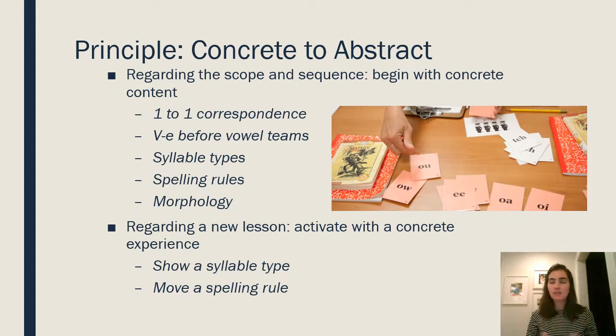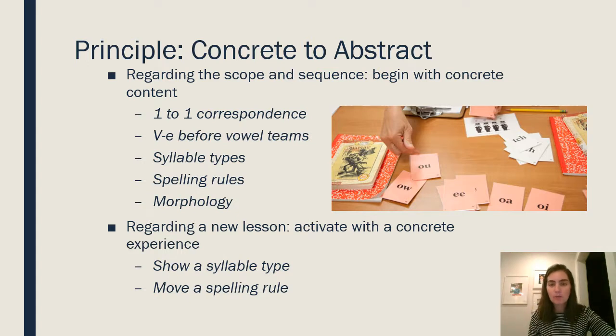You see a letter, it makes a sound, boom. Then we get into things a little more abstract, like this idea of vowel teams. You know, we have a couple letters that make a sound, or that silent E at the end of words. Then we get even more abstract. We talk about syllable types and the big patterns that we find in our English words, and then the 5 spelling rules, and then morphology, and we move upwards through the grades.